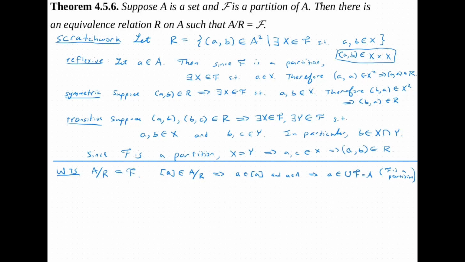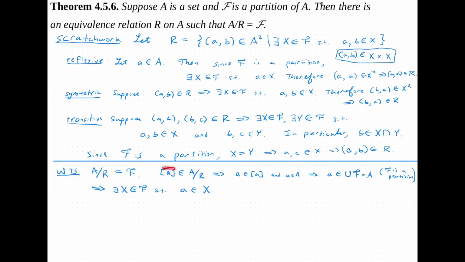So we have a as an element of capital A. Because this is a family of sets, we know that there must be some set capital X that contains a. So this implies that there exists some set X in the family of sets such that a is in capital X. So let's keep in mind what we are trying to do, because we're working with elements now, but we want to show an inclusion.